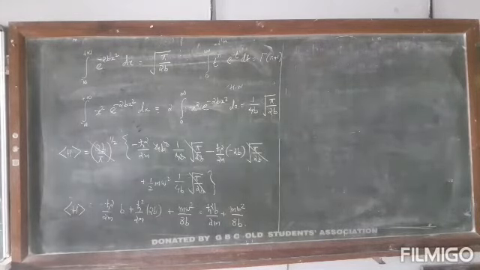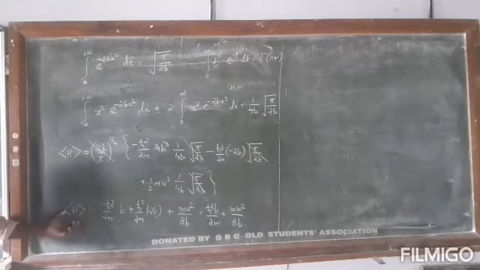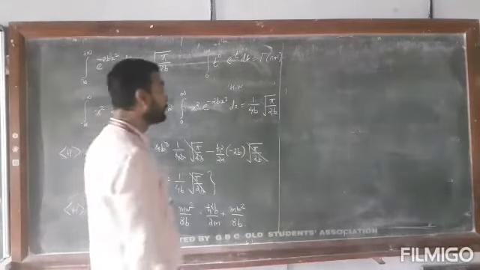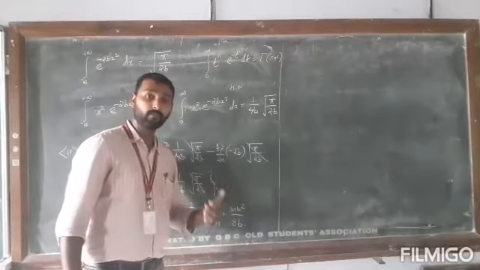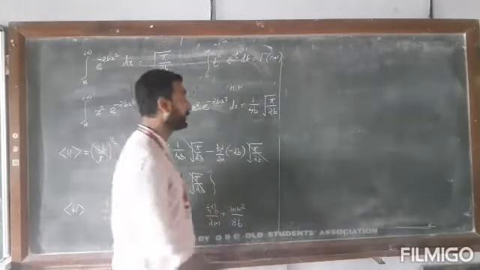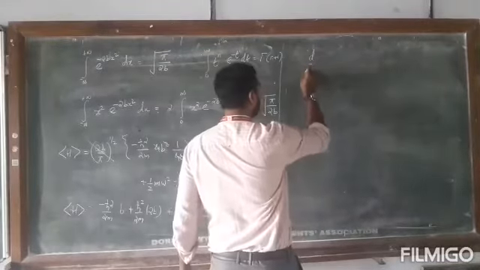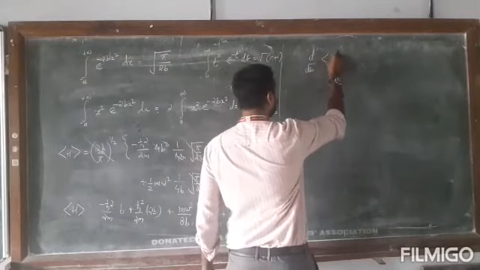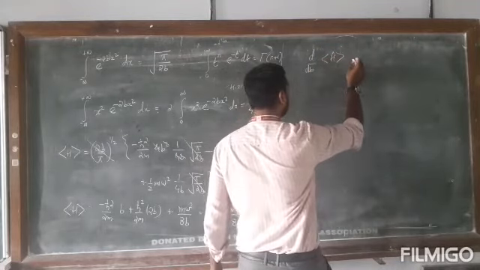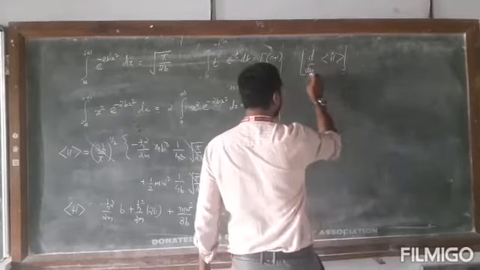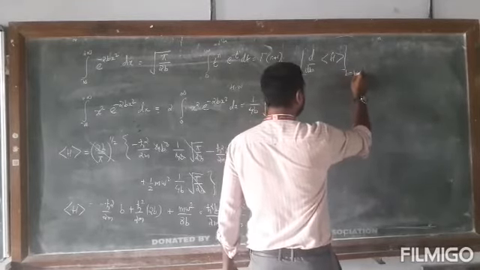This is for the trial function. Now we have to minimize this expectation value. How will you minimize it? I will find the derivative of the Hamiltonian with respect to the parameter. We will set dH/db to 0 at b equal to b0.